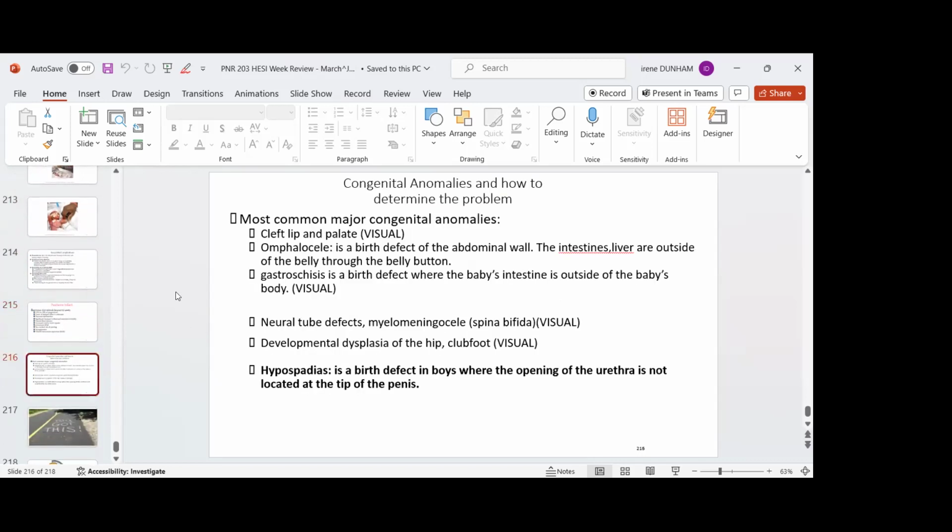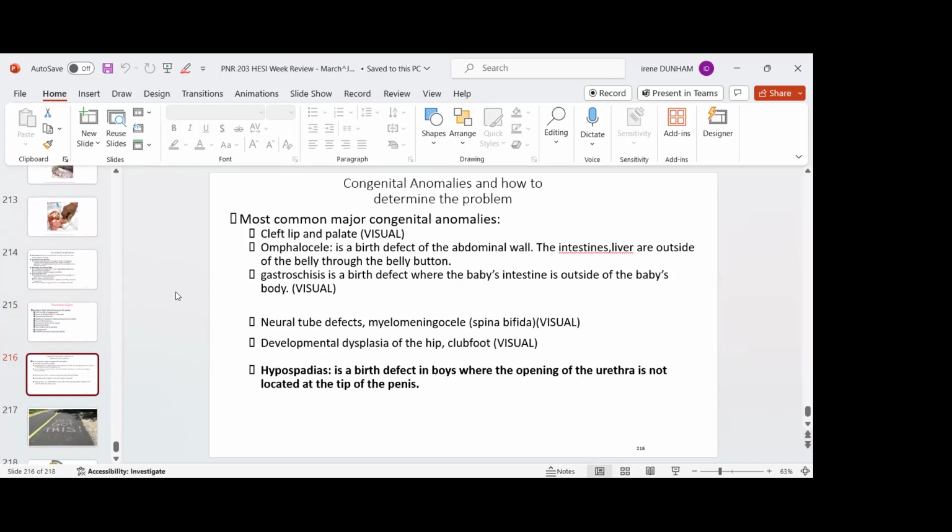Okay. And the last thing I want to tell you about is what I've seen on HESI about the neural tube defects, so spina bifida. The myelomeningocele on the spina bifida you can actually see, but spina bifida occulta you cannot see.